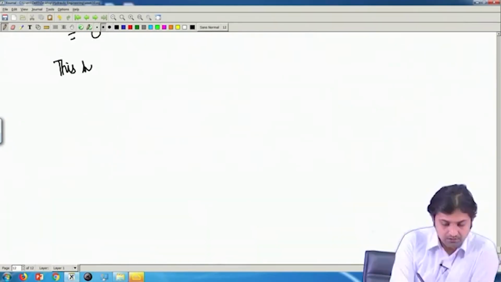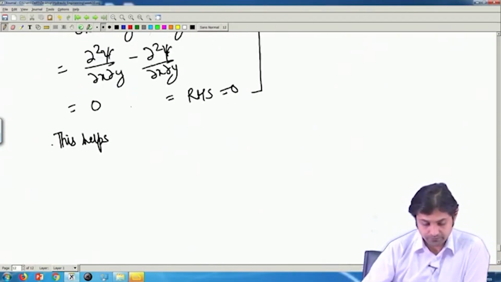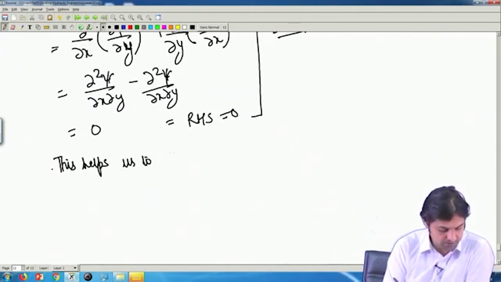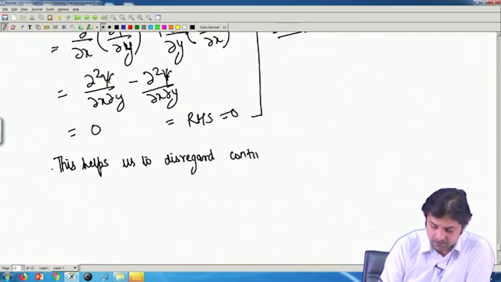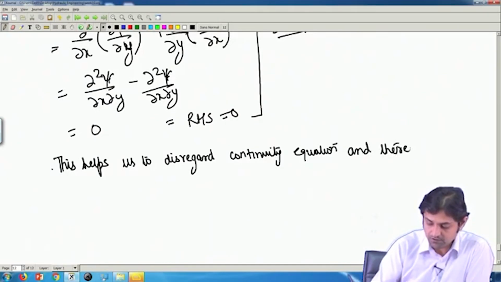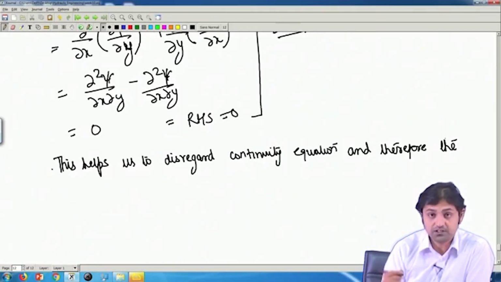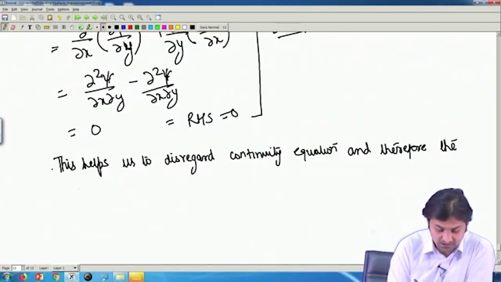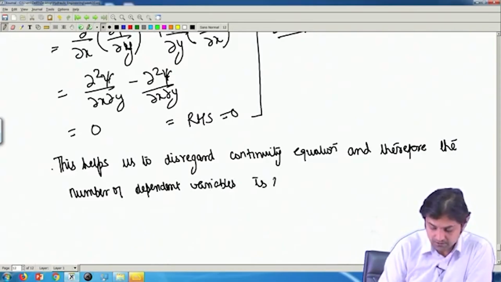This helps us to disregard the continuity equation, and therefore the number of dependent variables is reduced by 1.